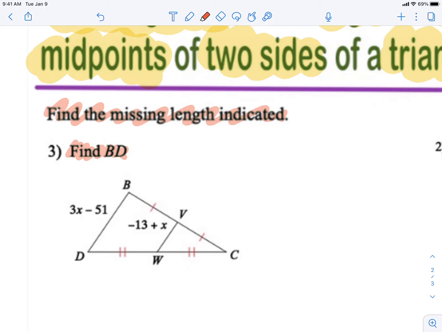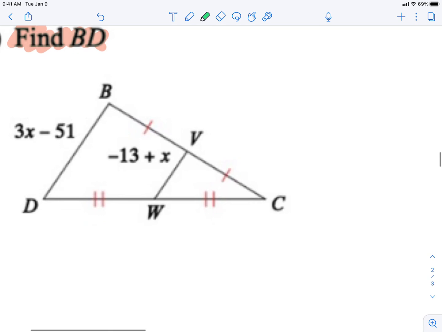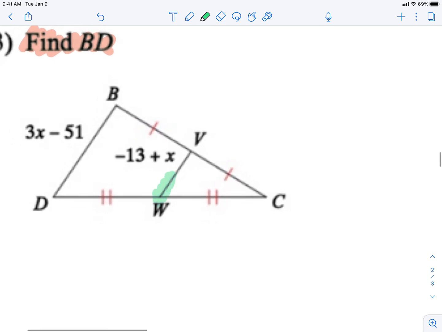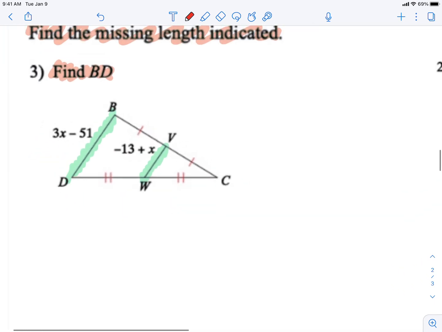But the first thing we're going to do is identify our parts. We're going to identify our short here, which is VW, and our long is BD.